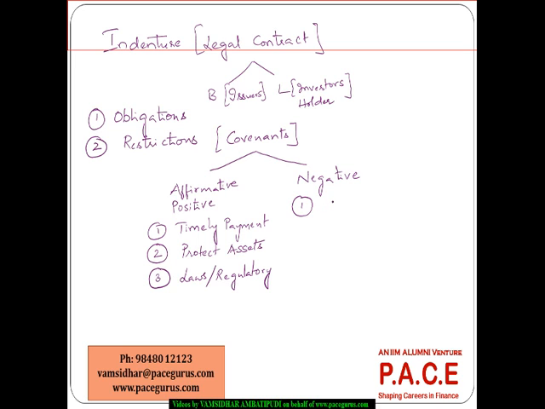So these are the positive ones, but the negative ones are more like restrictions. A few important restrictions that can come up are selling those assets which are typically kept as collateral for this bond issue, or using the same asset for multiple types of bonds.